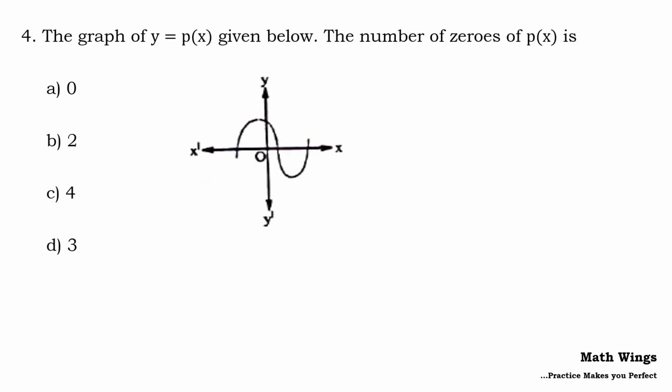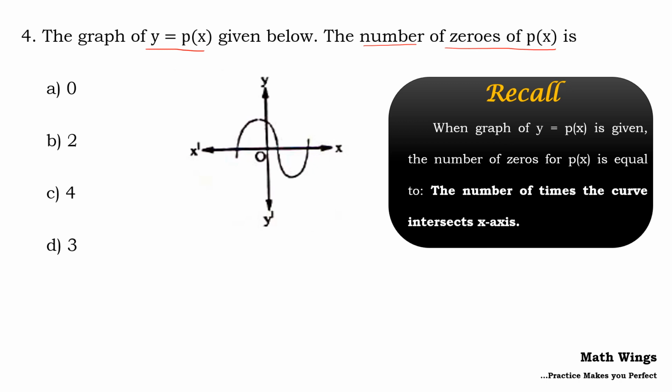Here we are given a graph and they're asking us to write the zeros of the polynomial. So they have given the graph of y is equal to p of x and they asked us to write the total number of zeros of p of x. Let us recall what we had learned.